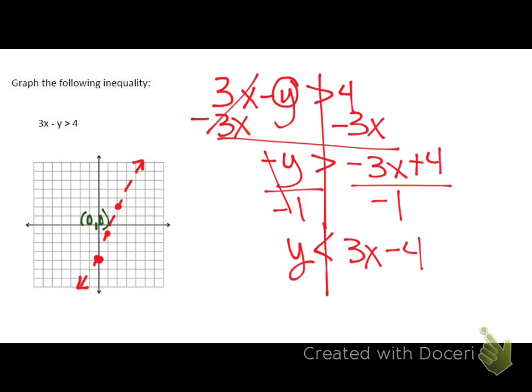If I substitute 0 for x, 3 times 0 is 0, then minus 0 is 0. So basically it means 0 is greater than 4. Is that true or false? False. If that's false, I run away from the solution, so I shade the opposite side. If my solution was true, I would shade the true side.